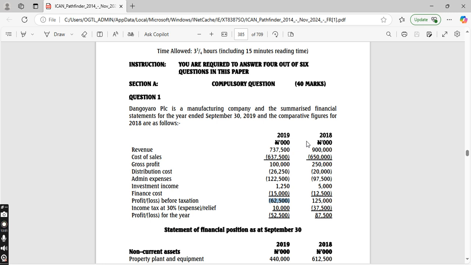A profit is not a cash item, right? Please, am I right? Yes, sir. Is there any difference between a profit and a cash flow?